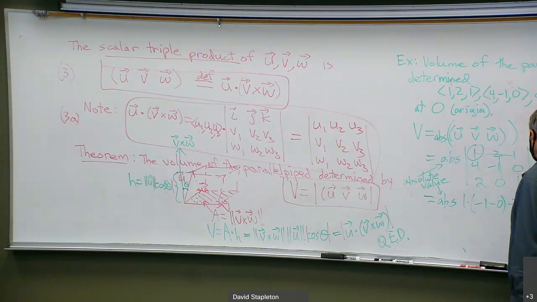It's 4 minus 0. So I'm doing it quickly here, plus the last element. So I'm expanding in the first row: this one times this subdeterminant, minus this one times this subdeterminant, plus this one times this subdeterminant. This one, 4 times 0 is 0, minus 2 times -1 is minus a negative 2. Right.